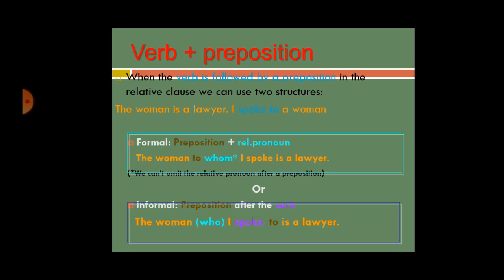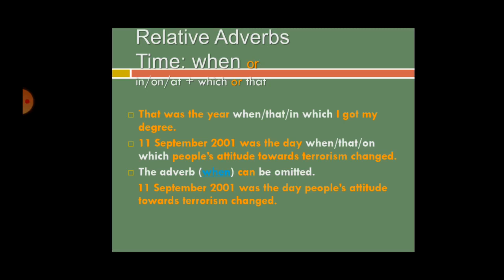I spoke to a woman. Formal, preposition plus relative pronoun: the woman to whom I spoke is a lawyer. We can't omit the relative pronoun after a preposition. Informal, preposition after the verb: the woman who I spoke to is a lawyer.